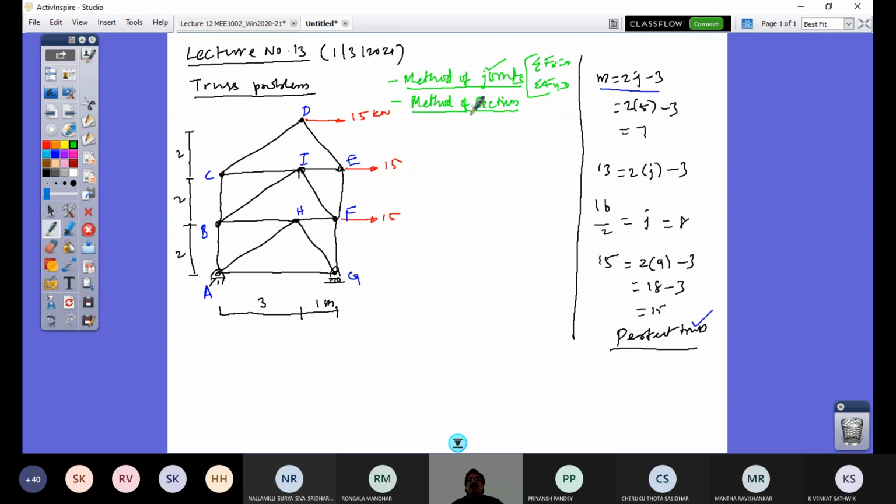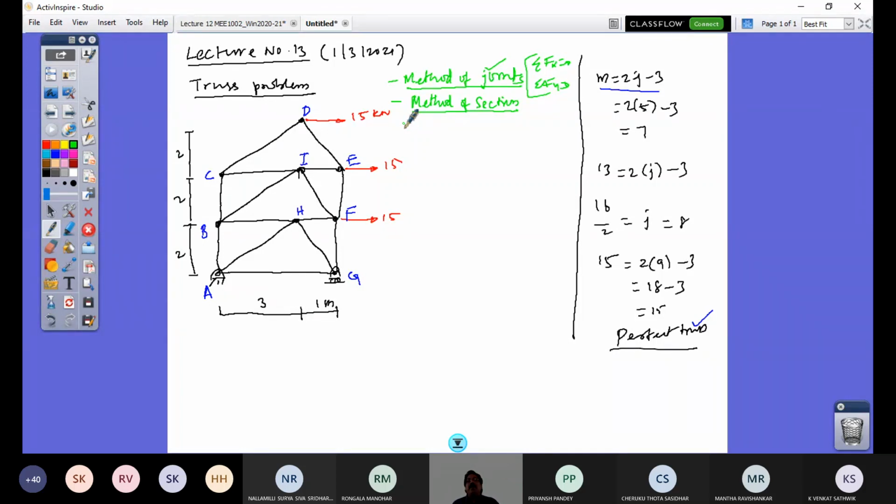Whereas in case of method of section, I'm not going to consider the joint equilibrium. Rather, I am going to take part of the truss. I will cut the truss into 2 parts and then take 1 part of the truss and look at it. So when I make an entire truss of the dimension 4 meter and 6 meter height into 2 parts, I would have the dimension of individual parts, unlike a joint.